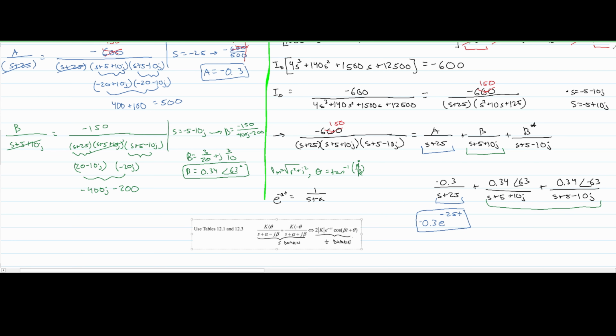So we're going to have 0.34 times 2. This is going to be 0.68. We have an e to the negative alpha t. The alpha in this case is 5, so we're going to have negative 5t. And then we have cosine of our beta, and our beta here is going to be 10, no negative. So cosine of 10t plus our angle, no negative, is 63 degrees. And so that is that for the second part.